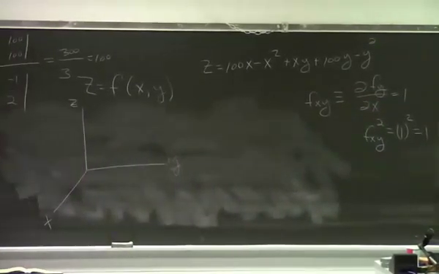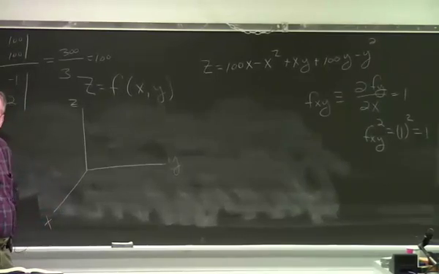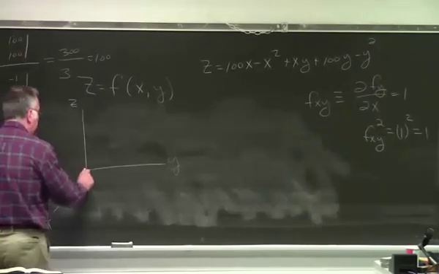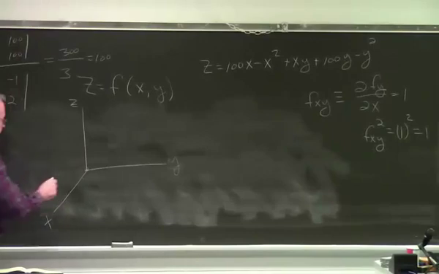So if x and y are both 0, what is the value of z? 0. So this origin should be 1 point. So it's going to look something like this.